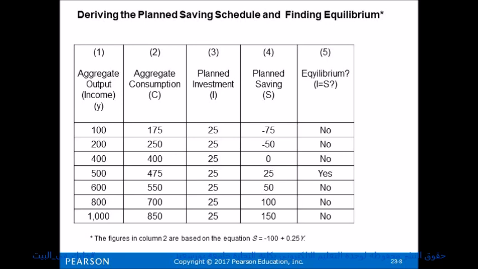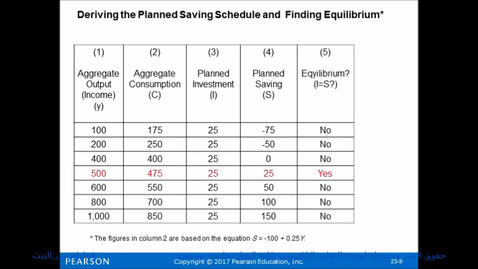Finally, we have to note that the equilibrium level of income, which is 500, is the same as the equilibrium level of income or output obtained previously using the aggregate expenditure output or income approach. So both approaches should give us the same value for the equilibrium level of output or income, which is in this case 500.